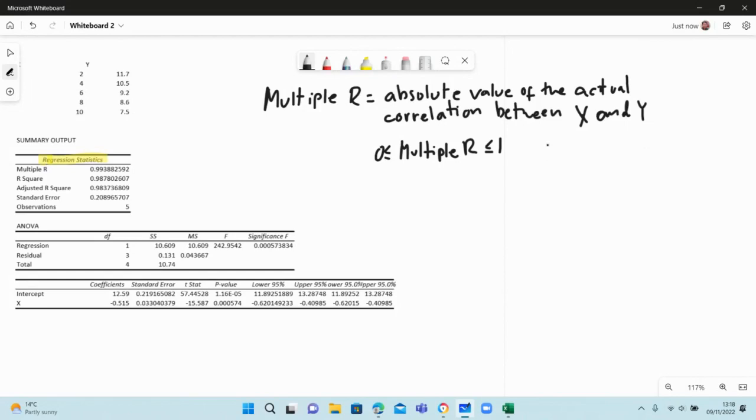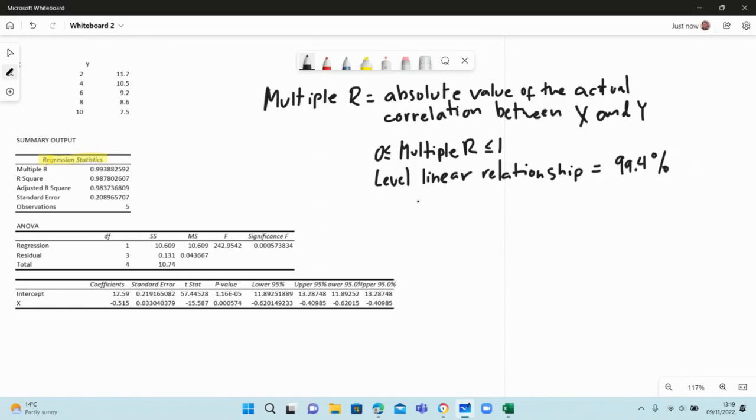So in our particular example, the level of linear relationship is equal to around 99.4%, which is really good considering the fact that the multiple r has a maximum value of 100% and a minimum value of 0%.